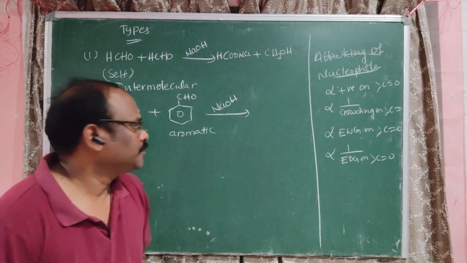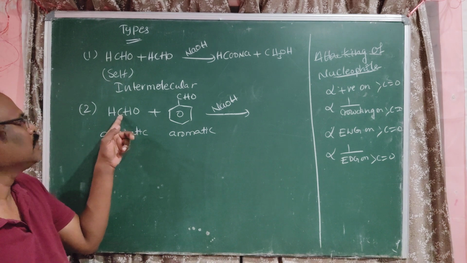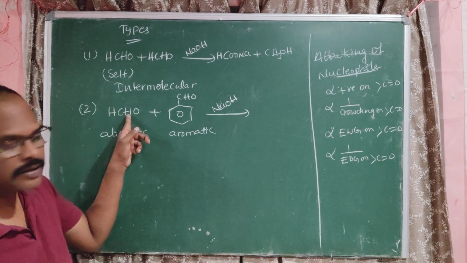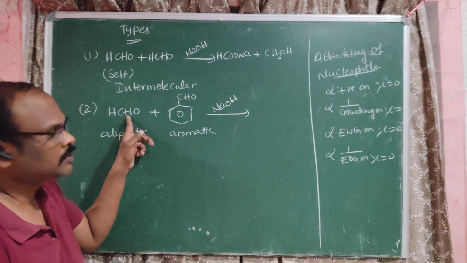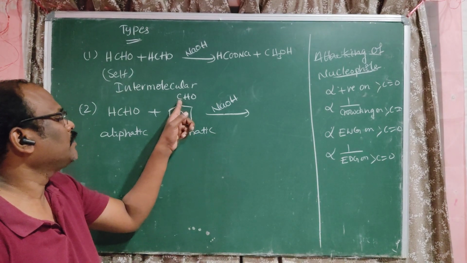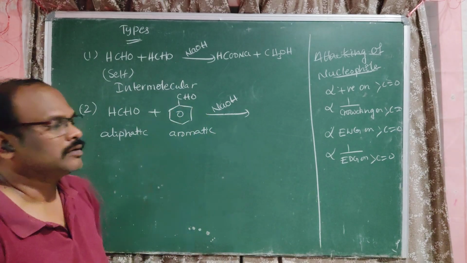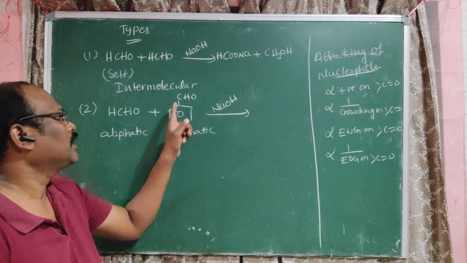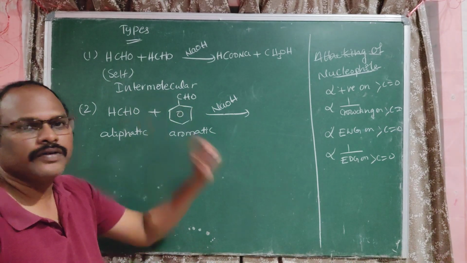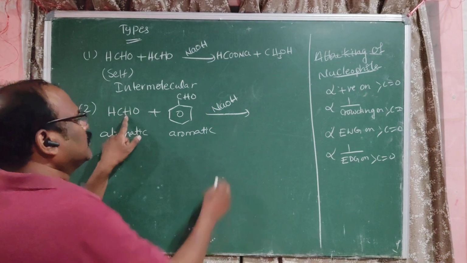Here, which one is getting oxidized? The aliphatic one. This carbonyl carbon has two hydrogens on both sides, which are less bulky groups compared with the aromatic aldehyde. The other carbonyl carbon has one bulky group, the benzene ring, and one hydrogen. So nucleophilic attack here becomes difficult, and the OH minus attacks the formaldehyde only.